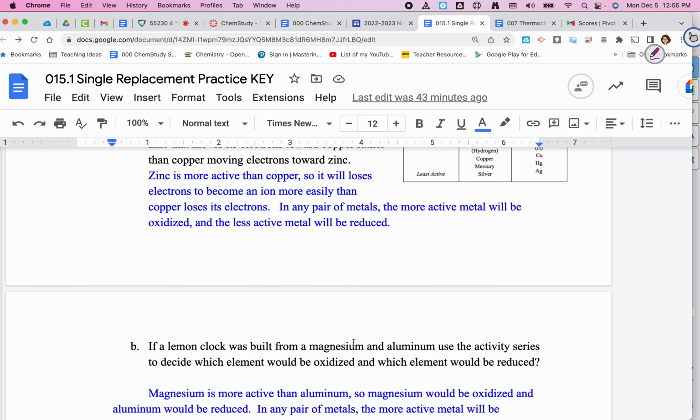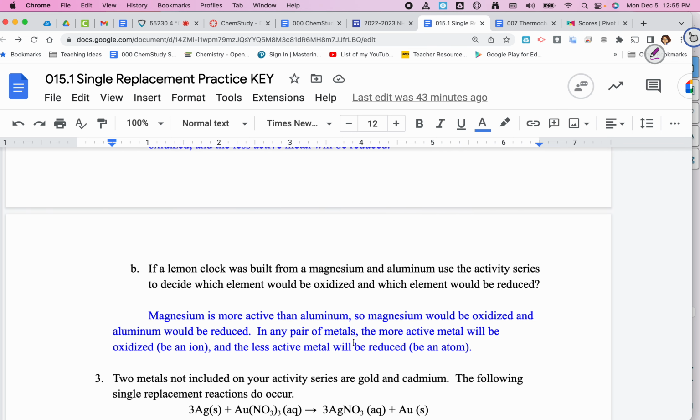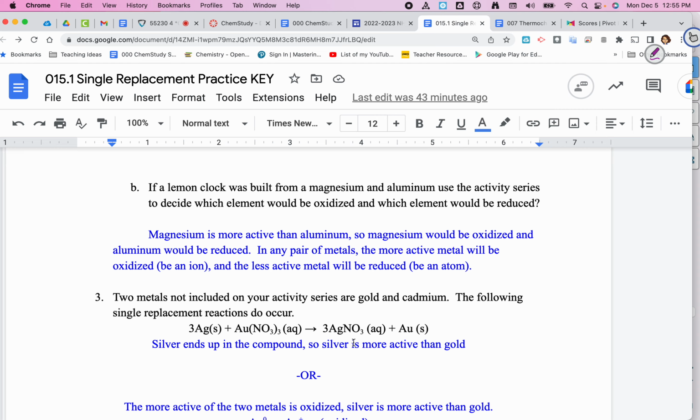You could just as easily make the clock from magnesium and aluminum. Since magnesium is more active than aluminum, magnesium will be oxidized, aluminum will be reduced. Remembering that in any pair of metals, the more active metal will be oxidized or become an ion, the less active metal will be reduced, and it will be an atom.